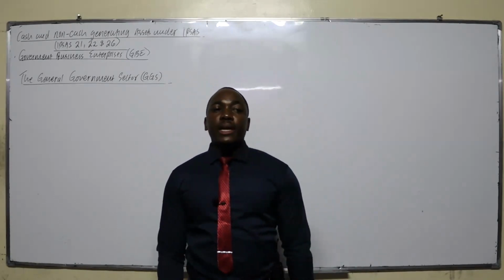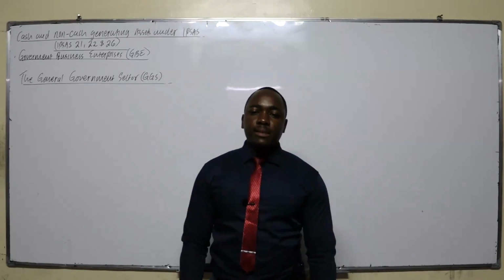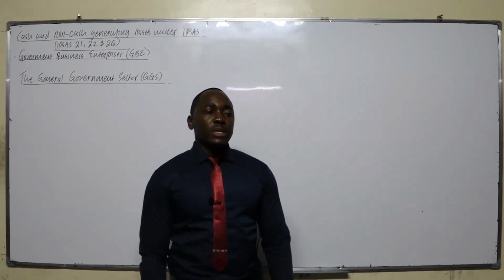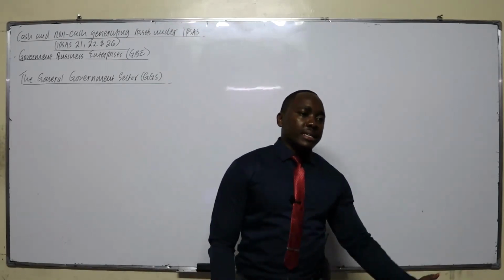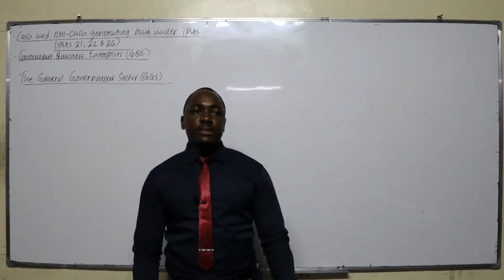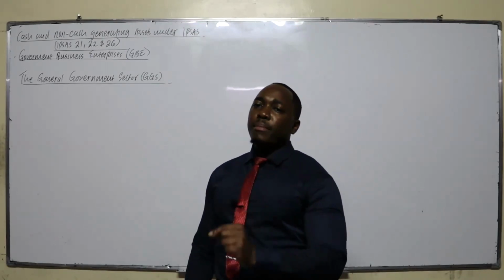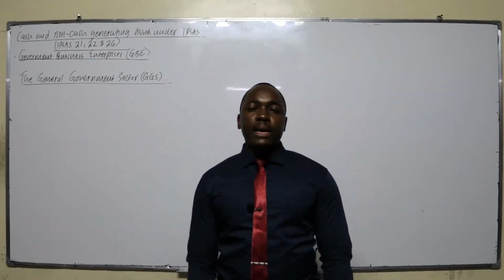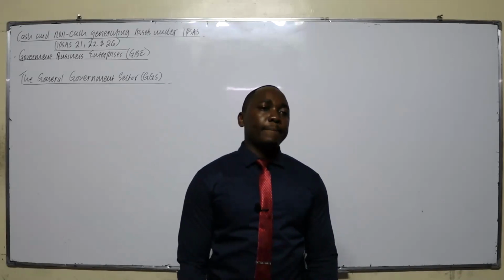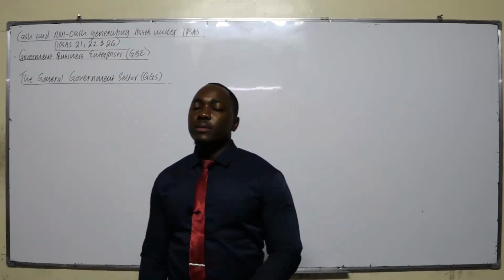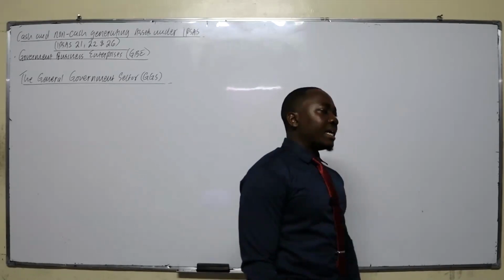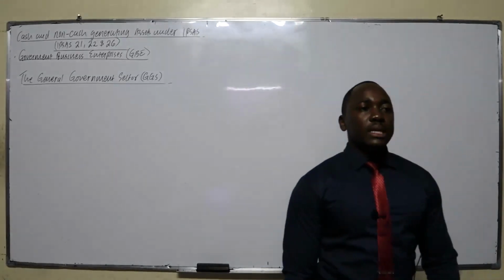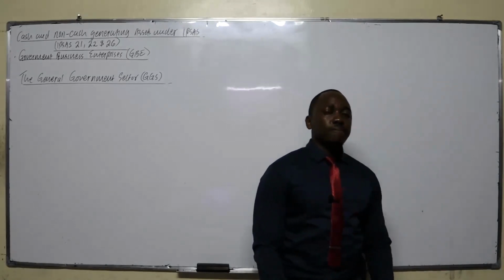Number three, assets by major class. That means you need to show the non-current assets and the current assets. Another one, liabilities by major class. Another one, net asset stroke equity.